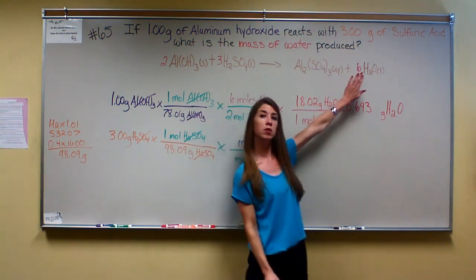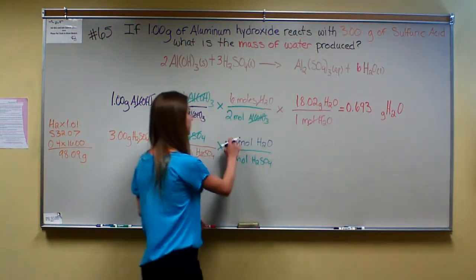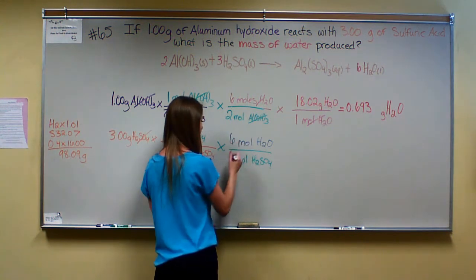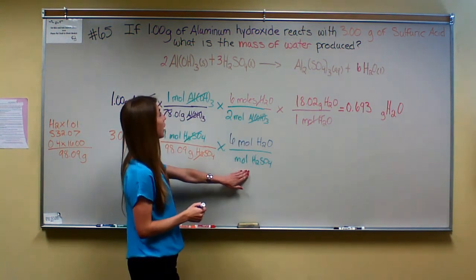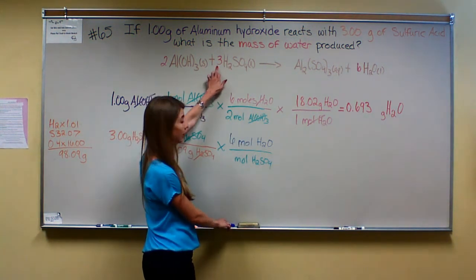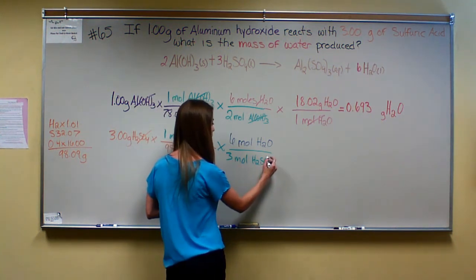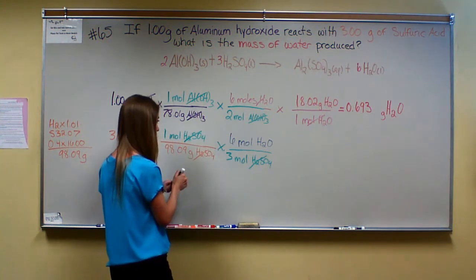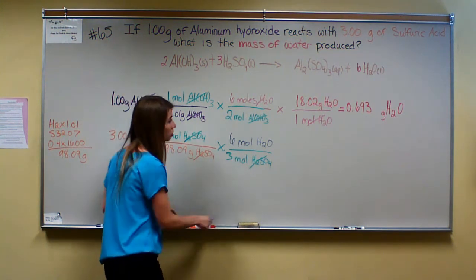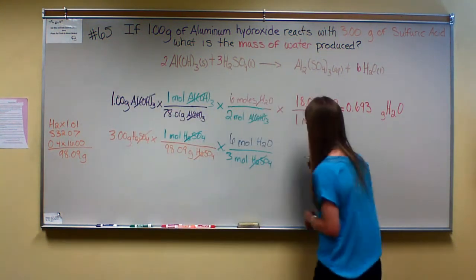Okay, how many moles of water do we have? 6, same as up here. Now, how many moles of sulfuric acid do we have? Now we have 3. So we can cancel out our moles of sulfuric acid, and we're now left with moles of water. Let's go ahead and convert that now.